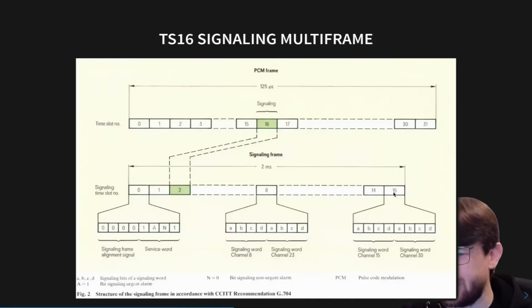Each of those is split into 2 nibbles, and each of those nibbles has a 4-bit signaling word for each of the 30 time slots that you have. And if you do the math, this means you get a 500 hertz rate of those signaling bits. So 500 times per second, you have ABCD bits, meaning every 2 milliseconds, an ABCD change could happen.